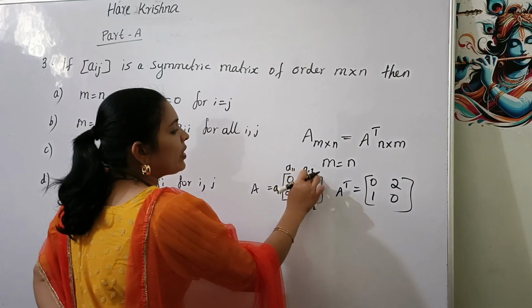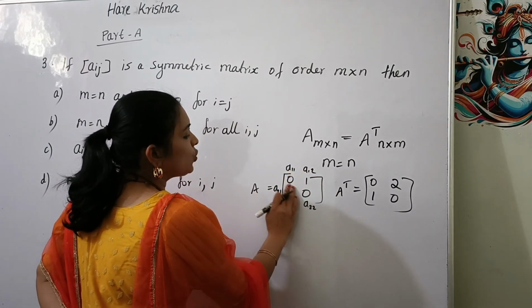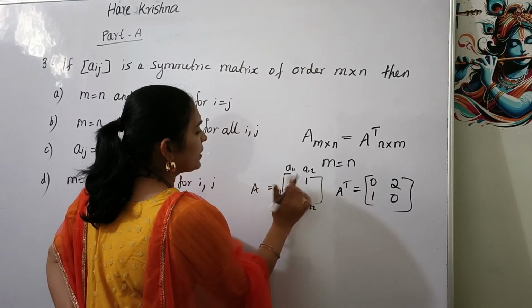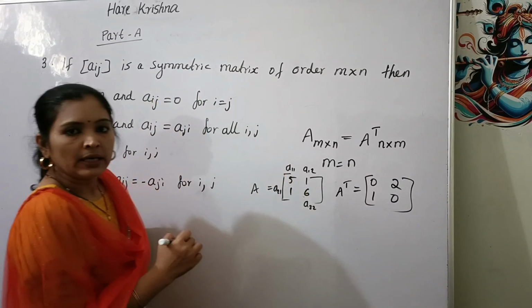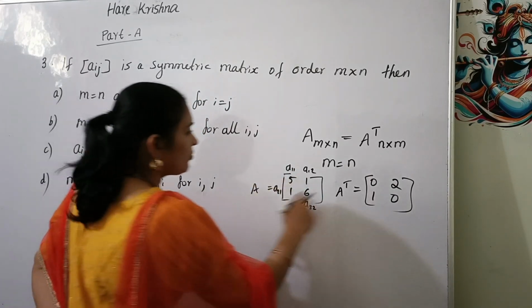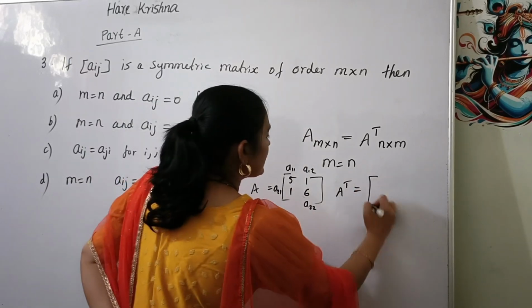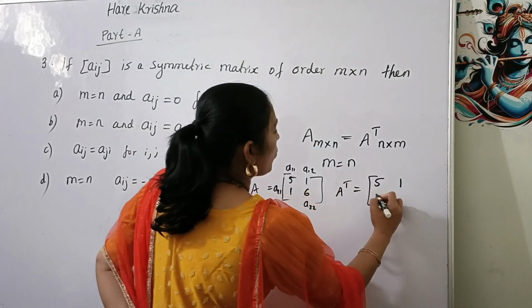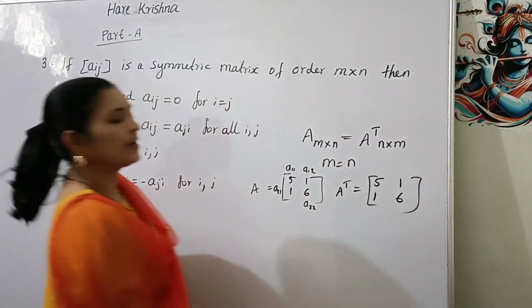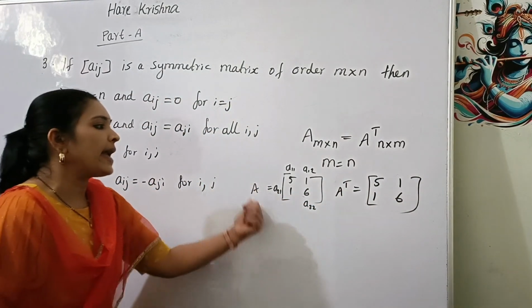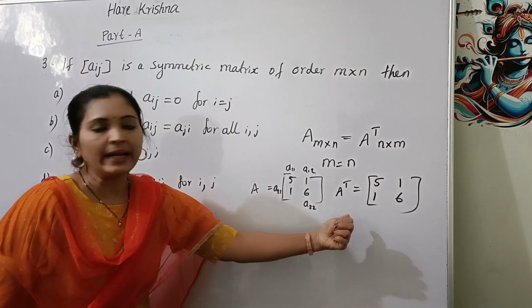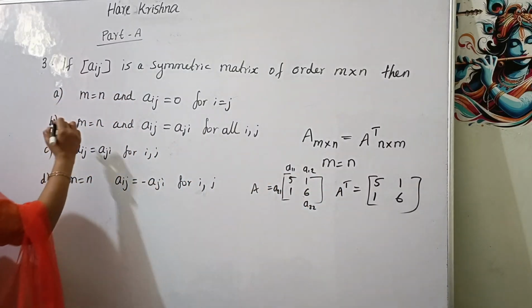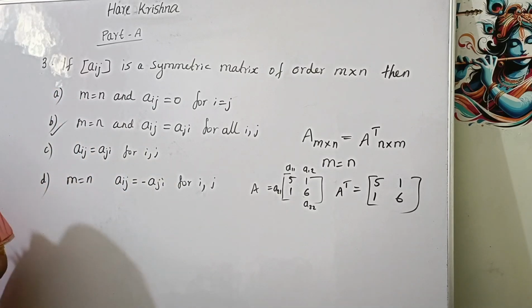Suppose A12 is equal to 1 and A21 is equal to 1. Let's take any elements, 5 and 6. Now take its transpose. What will we get? 5, 1, 1, 6. See, here we have got A is equal to A transpose. So here this option is correct.